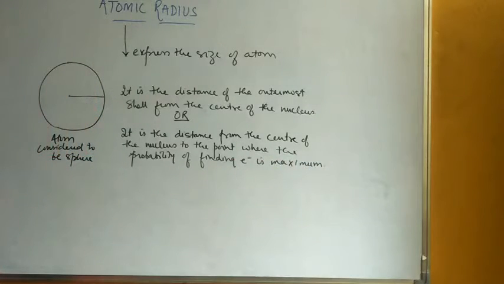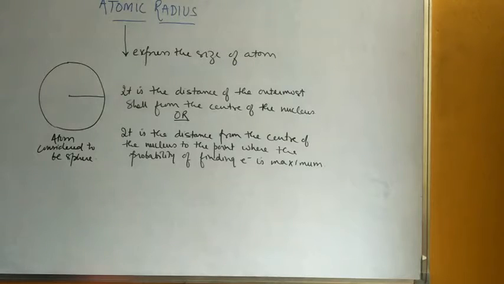So the atomic radius is expressed as the distance from the center of the nucleus to the point where the probability of finding the electron, or we can say electron density, is maximum.